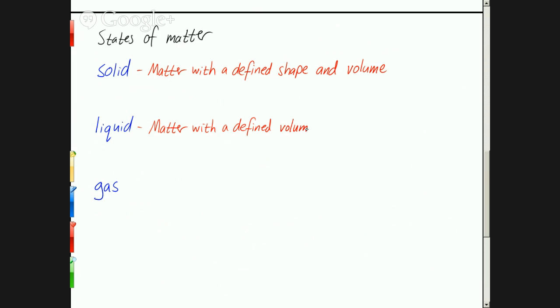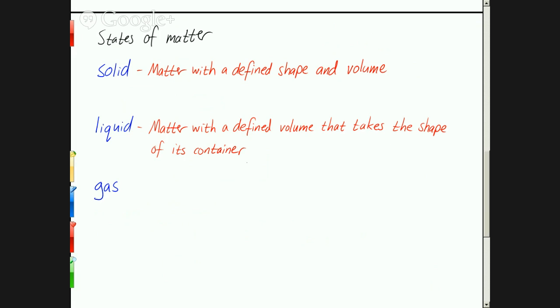matter with a defined volume that takes the shape of its container. So if I have 500 milliliters of water, that's always 500 milliliters of water no matter what I put it in.